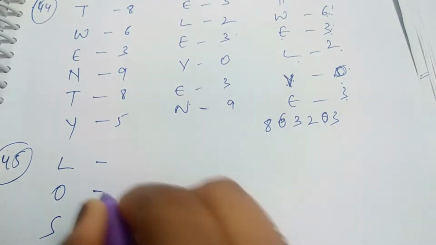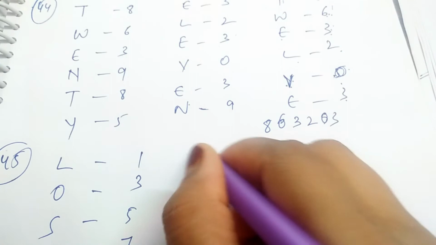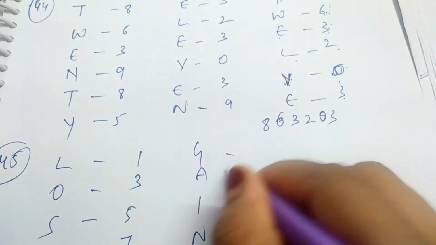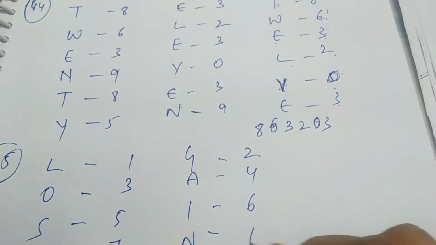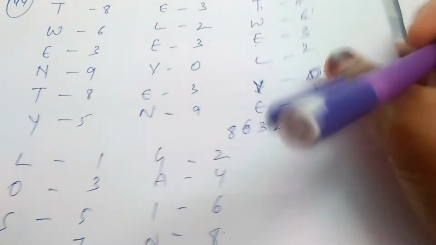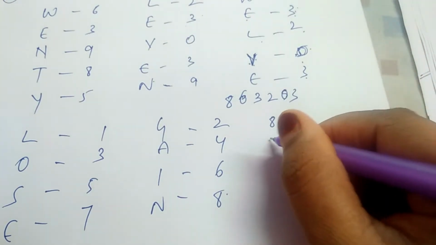Okay, the same thing now we'll be doing with the 45th problem. LOSE is coded as 1357 and GAIN is coded as 2468. Now let's see what this number can be coded as. This number can be coded to letters.